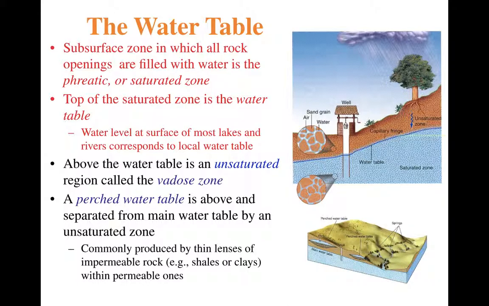Okay, so this is oftentimes the water level at the surface of most lakes and rivers. This corresponds to your local water table. Around here it might be a little tricky because De Smet is actually a reservoir, so I don't know if that counts. I don't know if the surface level of Lake De Smet corresponds with our local water table.